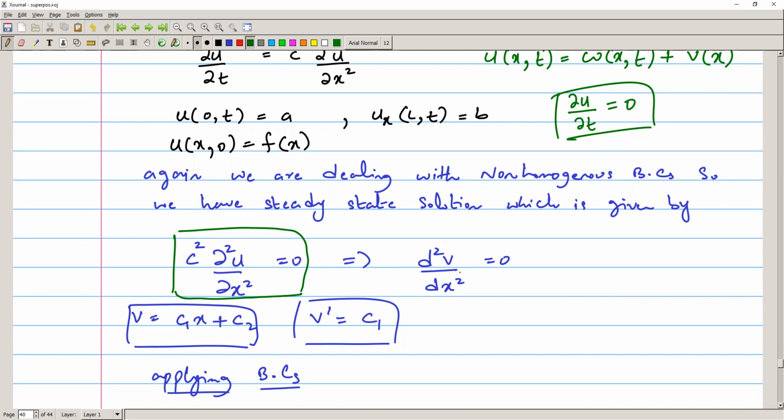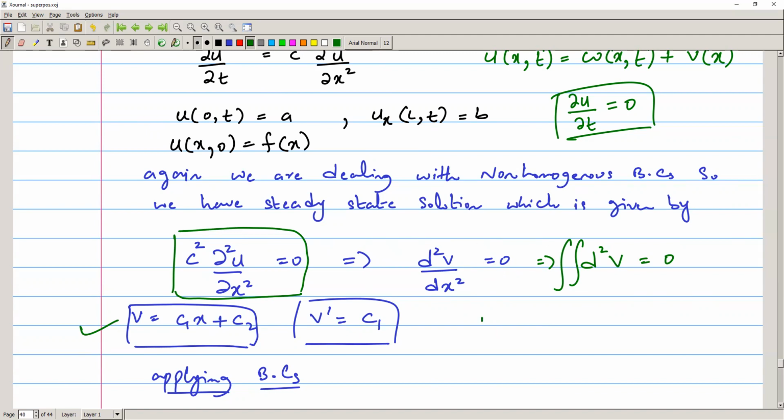So we can write it in this form: d squared v over dx squared is equal to 0, right? So this is a second order differential equation. We can integrate this equation twice to get the value of v in terms of x. So this is the function v in terms of x, and then we will apply the boundary conditions.